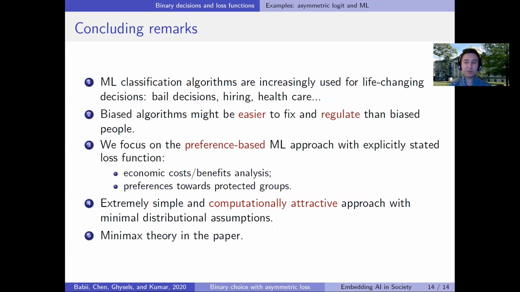And in this paper, we argue in favor of the preference-based approach that is based on an explicitly stated loss function that takes into account the economic costs and benefits of detention, for example, and that also takes into account preferences towards different groups of individuals. So this approach is extremely simple and computationally attractive, and we have lots of theoretical results in the paper.